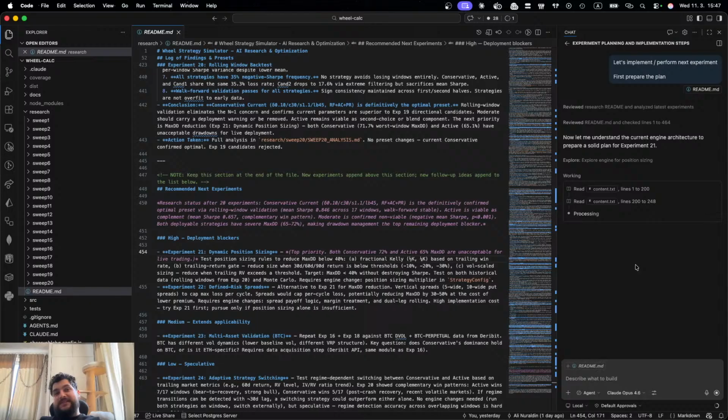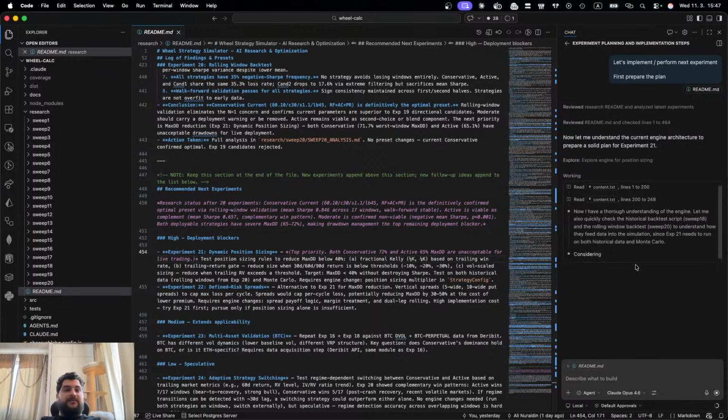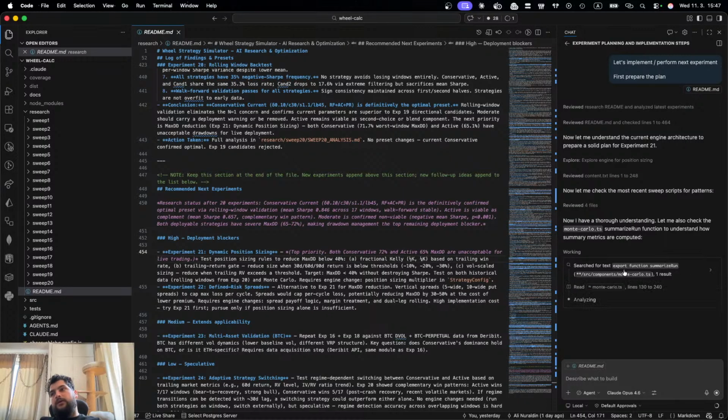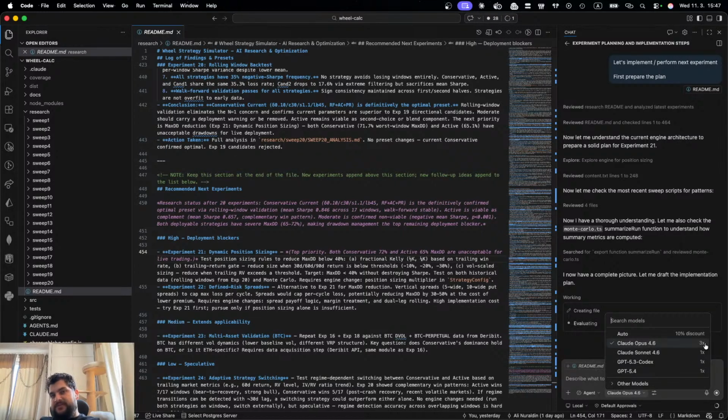Still, everything stands for what I was saying about Copilot. It is still the best and most efficient way to purchase tokens because they only charge you per request. Regardless of how much time it takes or how many tokens it spends, it will still only consume one request, or in our case, since we're using Opus, it's 3x, so it consumes 3 requests. Every message costs you about 12 cents if you pay extra. Here, for example, it's now preparing the plan.